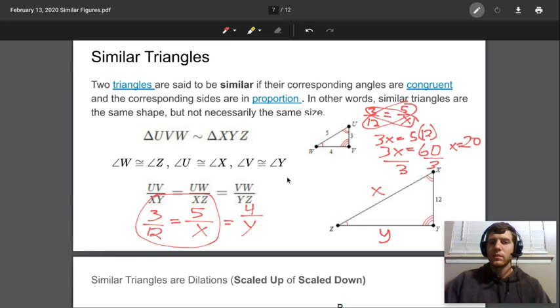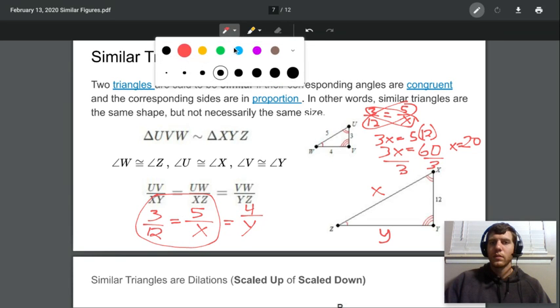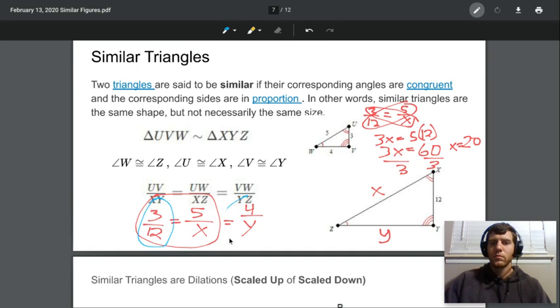We can do the same thing with Y. Let's use these two: 3 over 12 equals 4 over Y. We cross multiply, and we get 3Y equals 12 times 4, so 3Y equals 48.